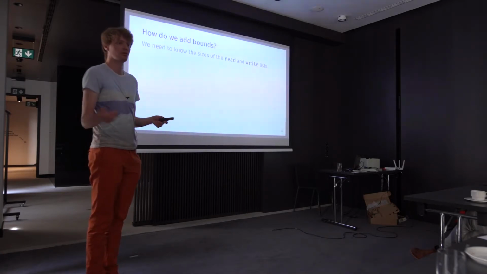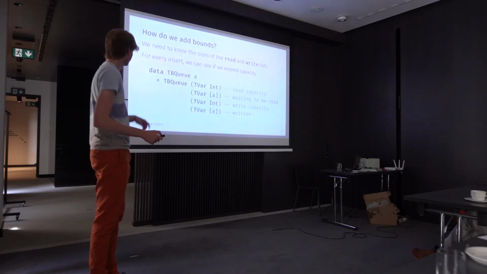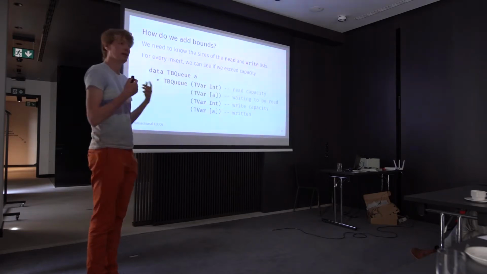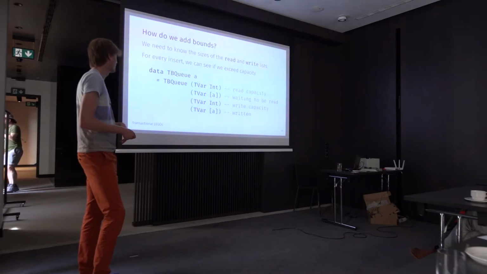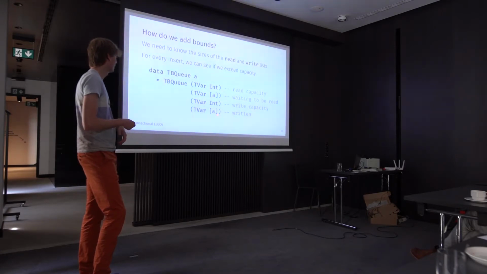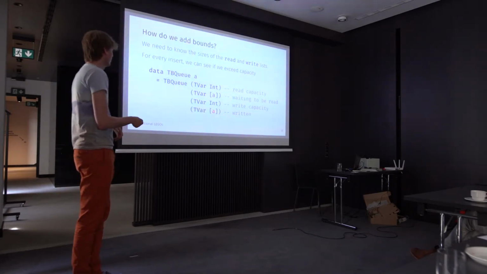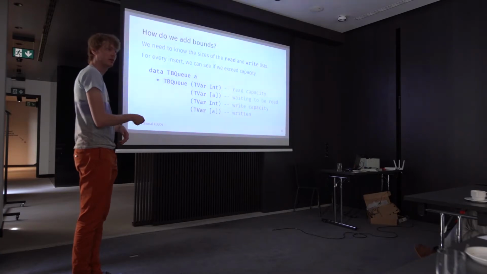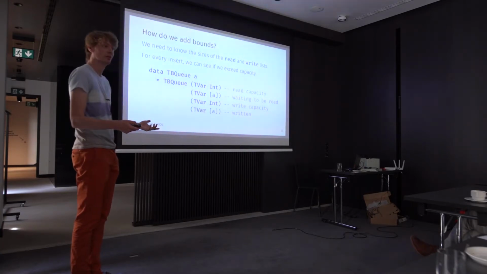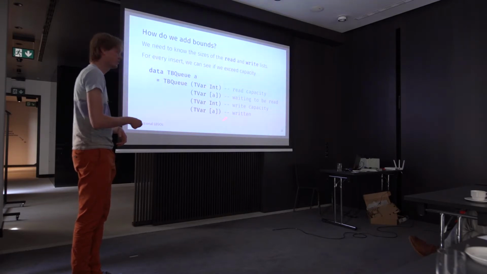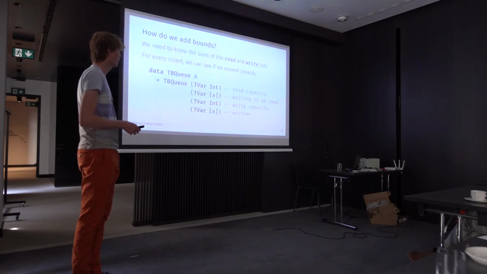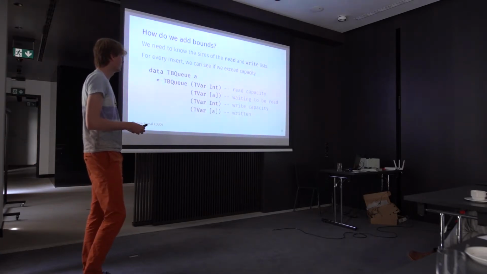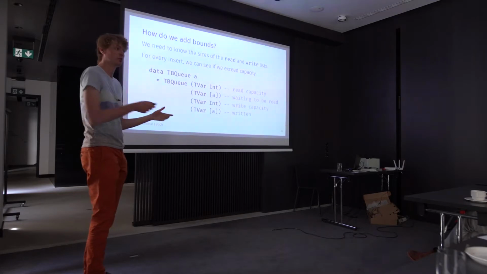And we can do so using two counters, and I'll show you. For every insert in our queue, in the simple case, if we know how long this list is, and we never read from it, then the length of this list determines how much we can still write to our queue.